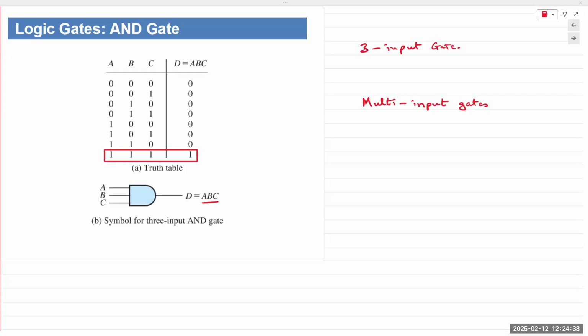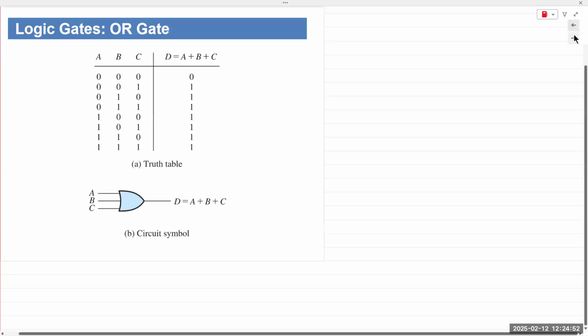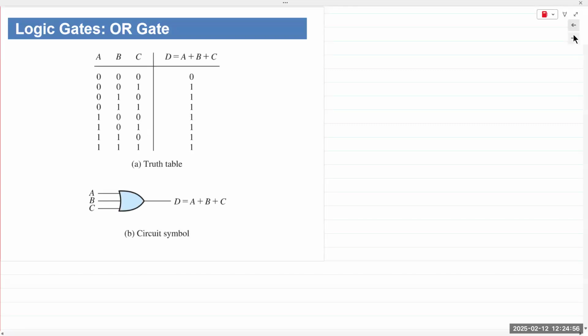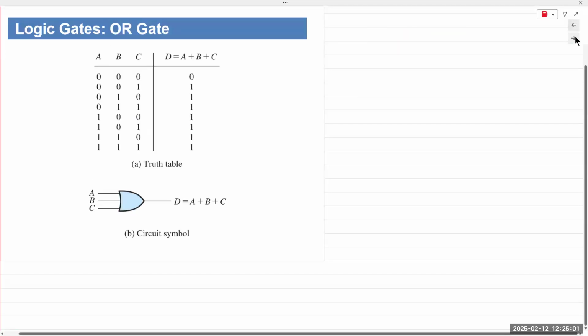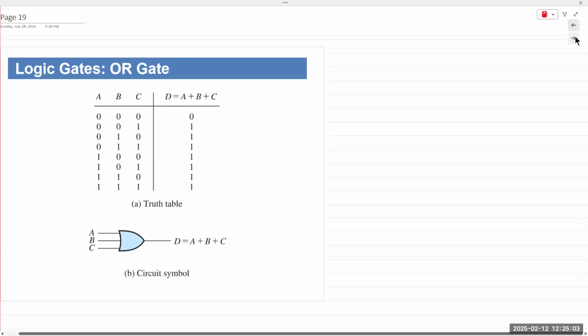Let's see, OR gate. Why do I have these mixed up? Okay, there we go. My printout and my slides are a bit mixed up, which threw me off.